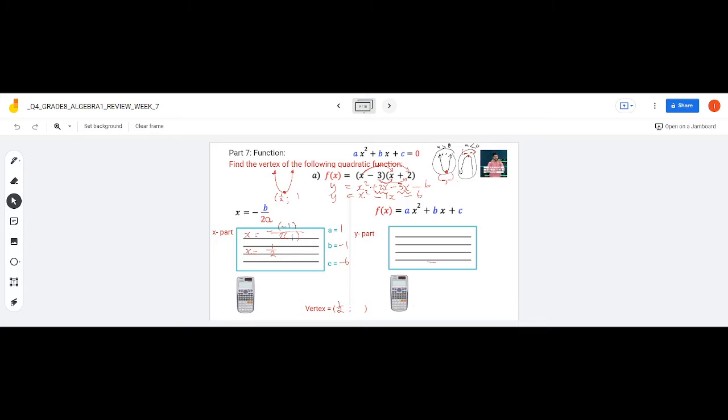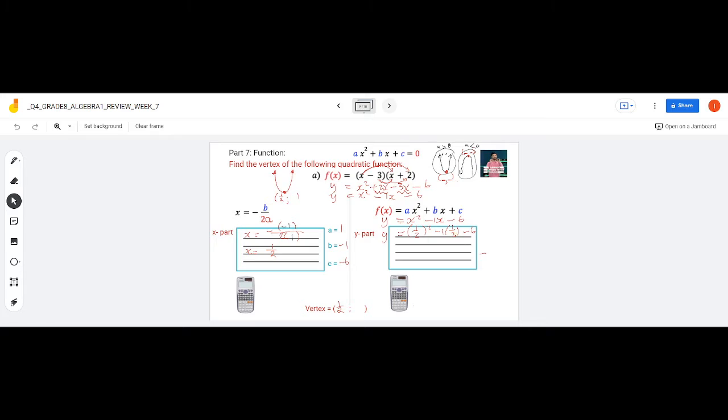To get the y part, we use the x part to find the y part. So remember what I said, wherever there's an f of x, you can put a y. What's our equation? x squared minus 1x minus 6. So y is equal to, open the bracket, a half squared, minus 1, open the bracket, a half, minus 6.